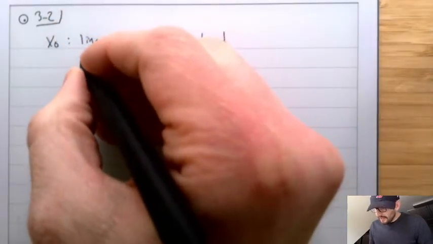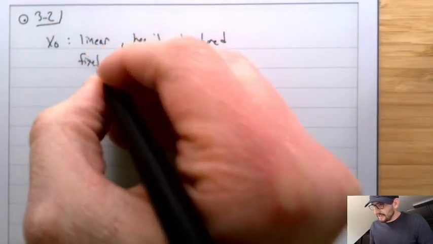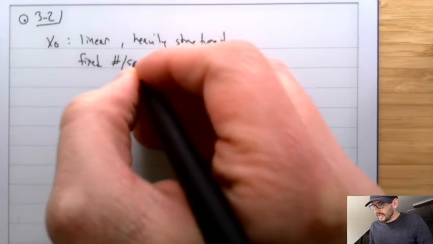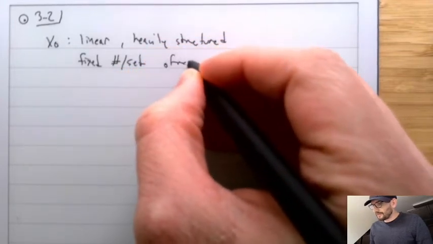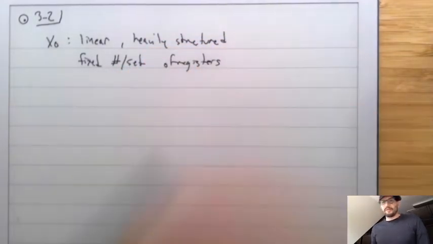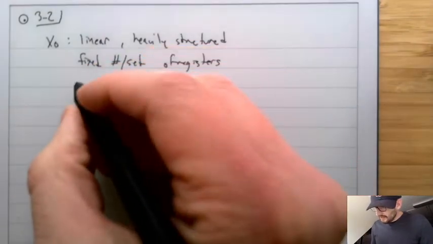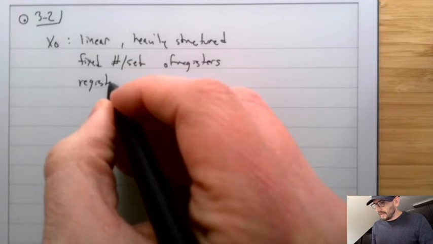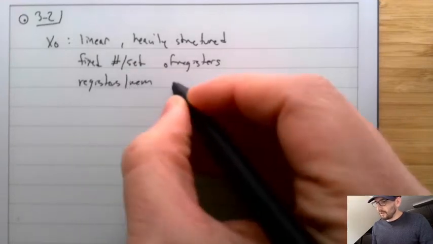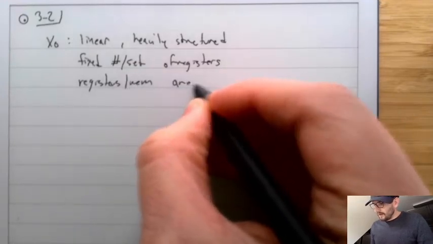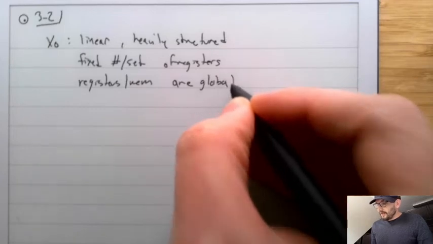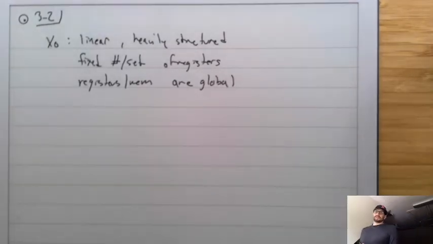Similarly, another thing that's different about it is that it has a fixed set of registers. So rather than having an infinite number of variables, there's just a very small number of them, and registers and memory are global. So there are big differences between these two languages.